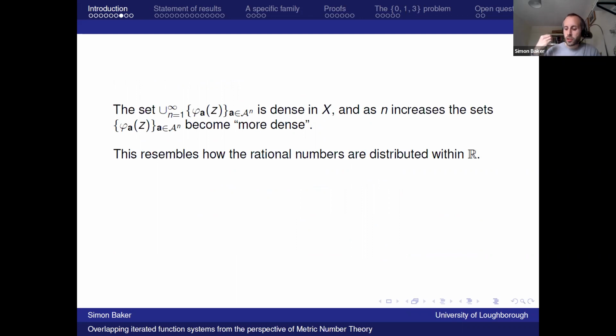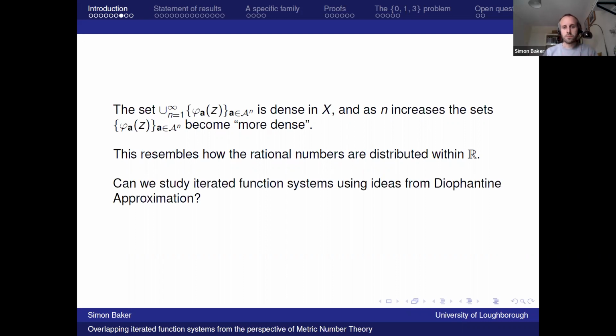If we look at the union of all of these images, they are dense in the invariant set, and as n increases, the images corresponding to level n become progressively more dense. If you think about the rational numbers, they're obviously dense in the real numbers, and they have a tiering described by their denominator. Here, we have this set, which is again dense, and its tiering comes from the length of the word corresponding to the image.